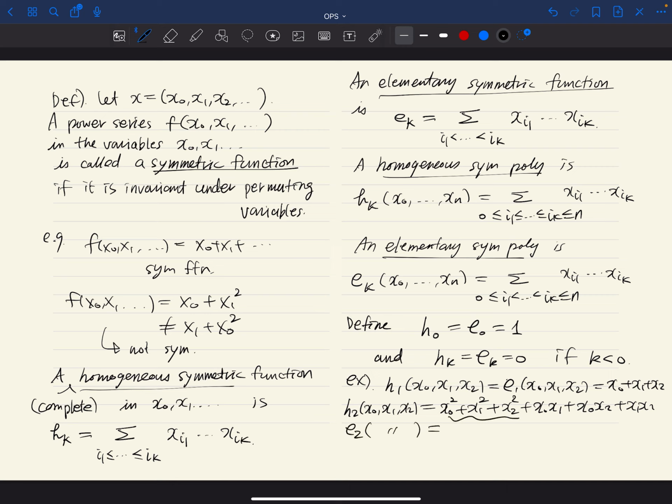We don't have these squared terms, right? We only have the other terms, because you cannot select something twice. And E3 of x0, x1, x2, what is that? There's only one way to select 3 variables, so it's going to be this. And what about E4?